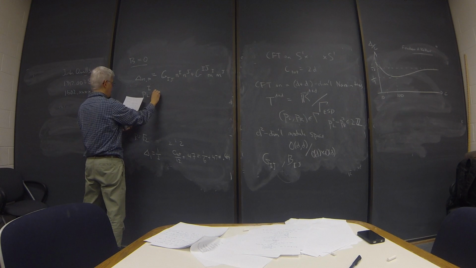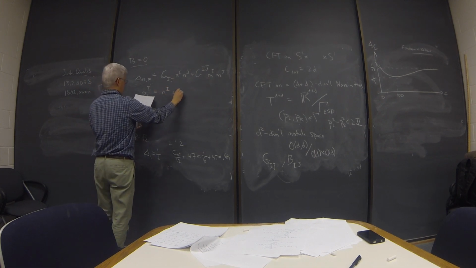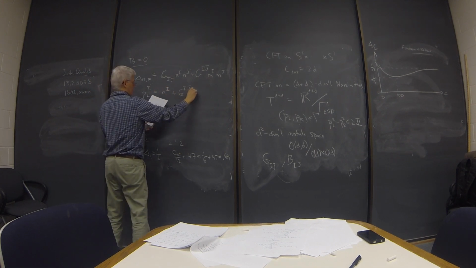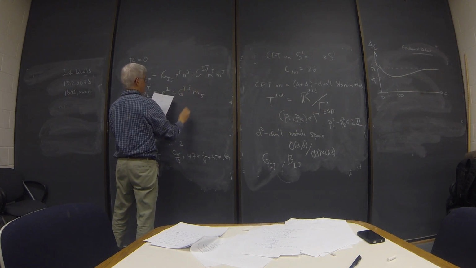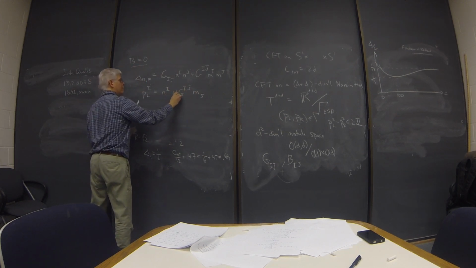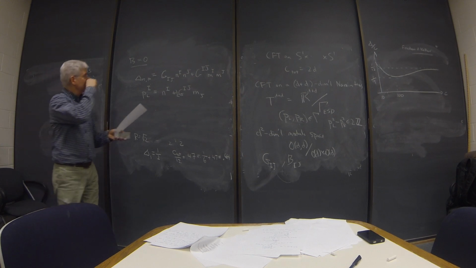So for example, P left is n_i plus G_ij m^j, with a 1/2 there, and for P right, there's a minus sign.